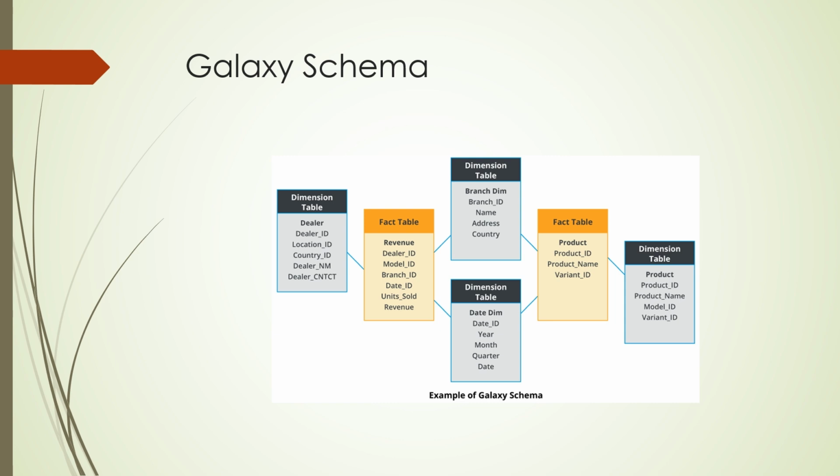So it includes the definition of terms, relationships, and the arrangement of those terms and these relationships. So these three, star, galaxy and snowflake, are common types of data warehouse schema that vary the arrangement and design of data relationships.